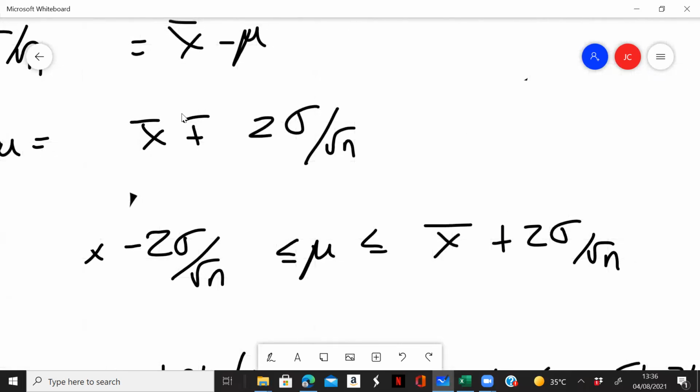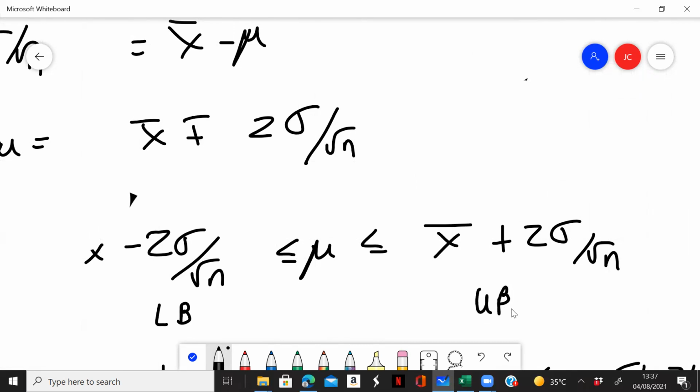Because when I work it out with the negative part, I get the lower value, let's call it the lower bound. When I work it out with the positive part, I get the upper bound, the upper value. And what do I get? I get a range of possible values for the true population mean, which is extremely, extremely important.